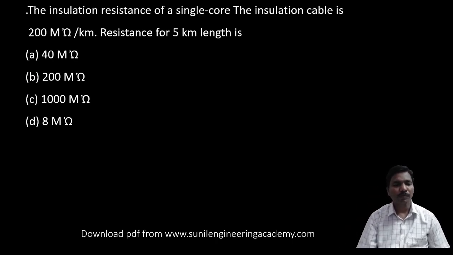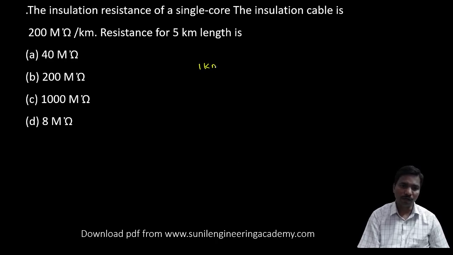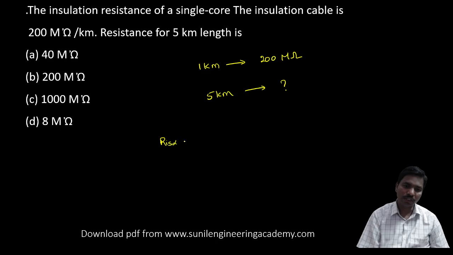Coming to the next one. The insulation resistance of a single core insulation cable is 200 mega ohms per kilometer. For 5 kilometers it is dash. We know very well insulation resistance is inversely proportional with length.